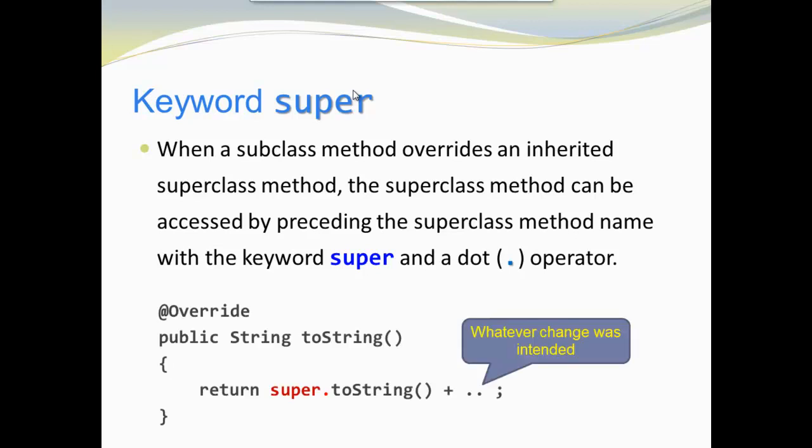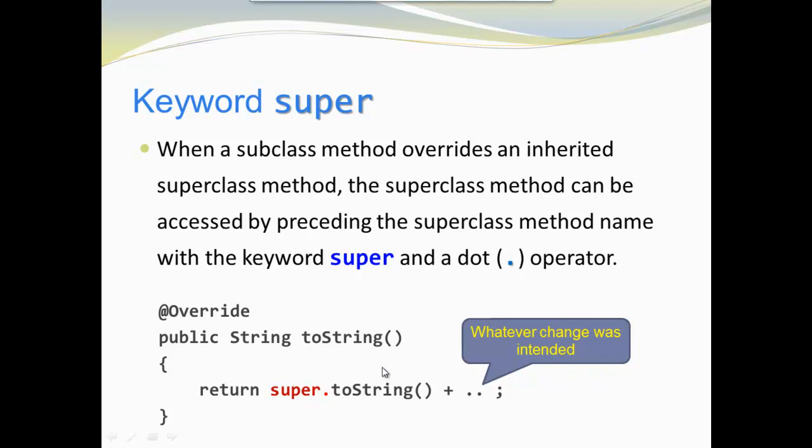So here is an example. I try to override the toString method, which is declared in Object, and I want to use the original toString implementation plus something else. So whatever change was intended should go here.